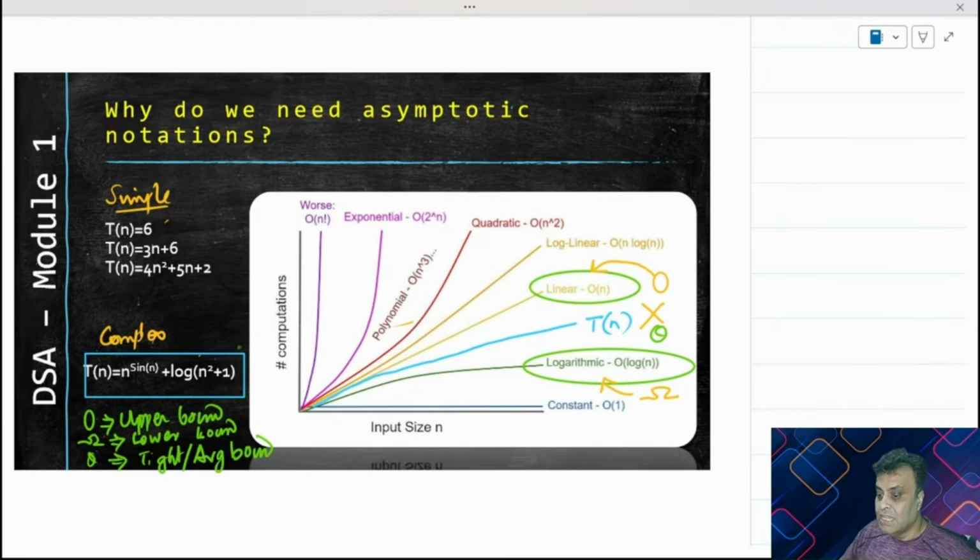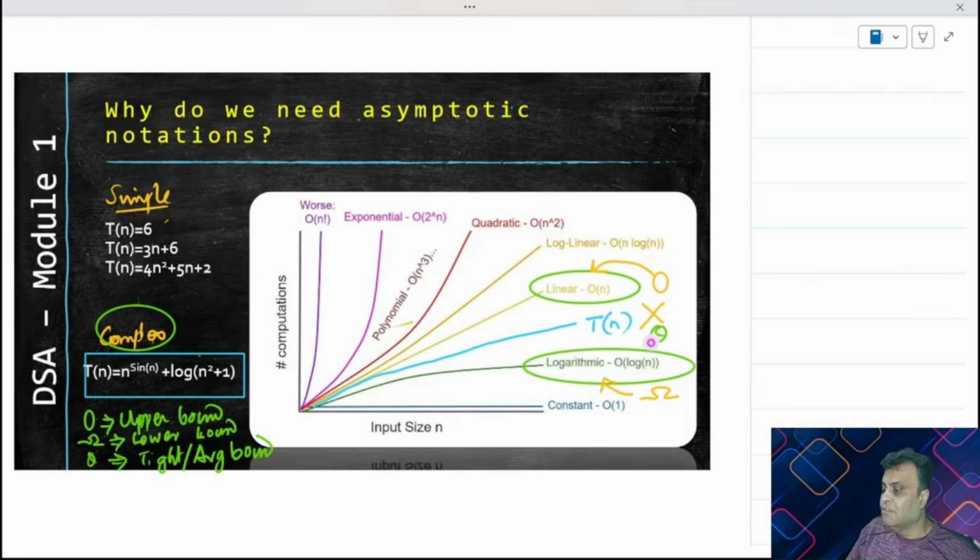In case our time calculator is complex in nature, then I cannot represent my Tn as a standard complexity class. So there will be a big O which will be defining the upper bound of my algorithm, and there will be an omega which will be defining the lower bound of my algorithm, so that others can know what is the maximum and minimum amount of time that they can expect out of my algorithm.